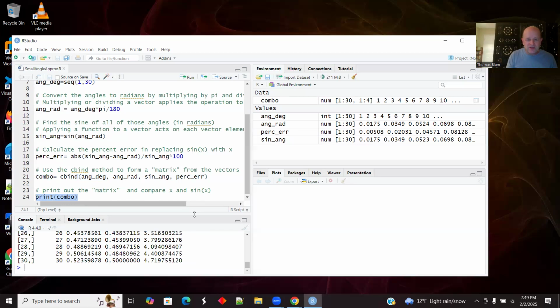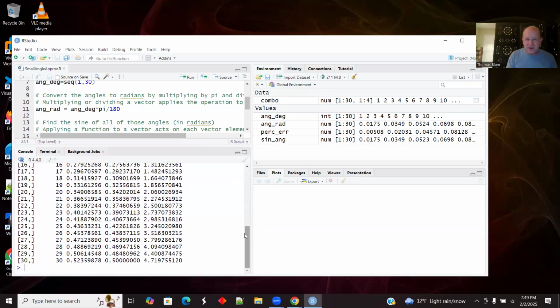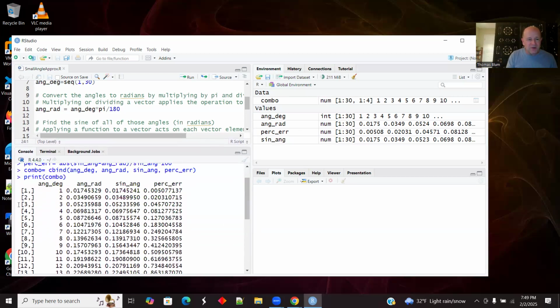And now we can see element by element. Here was a degree of 1, there's the radians, and there's the sine of the angle, and there's the percent error. And there's no fast answer for how high an angle is this the small angle approximation good. It depends on how much error you're willing to tolerate.